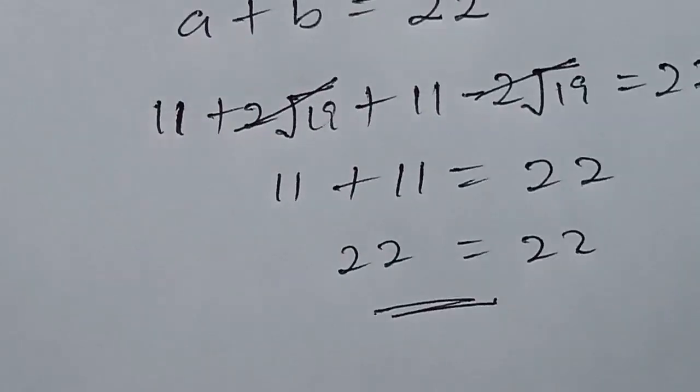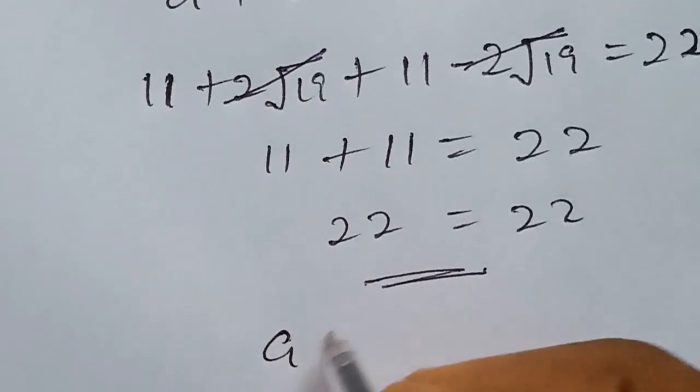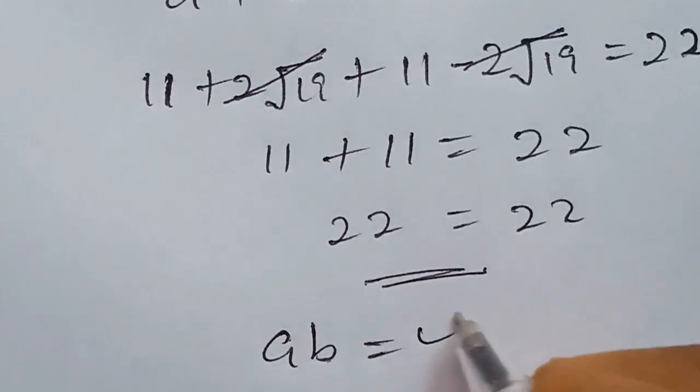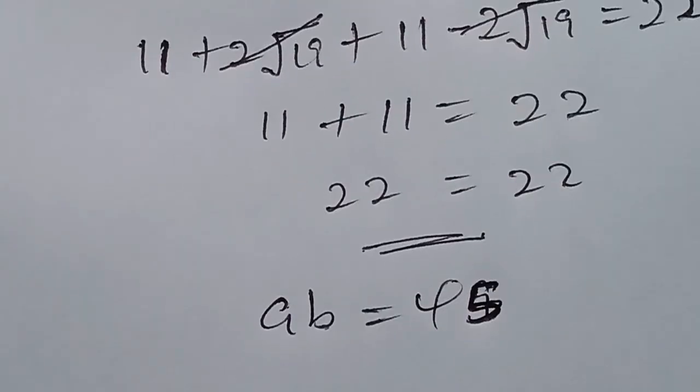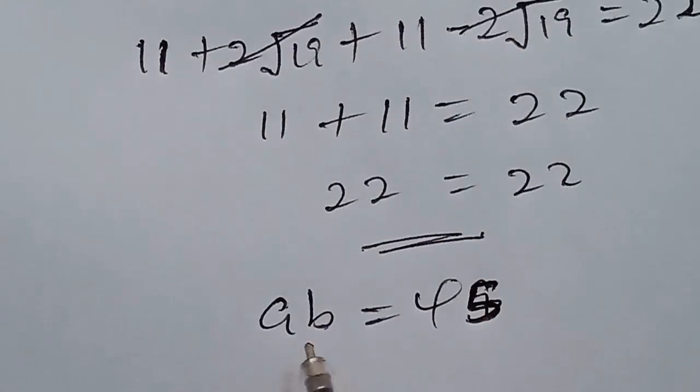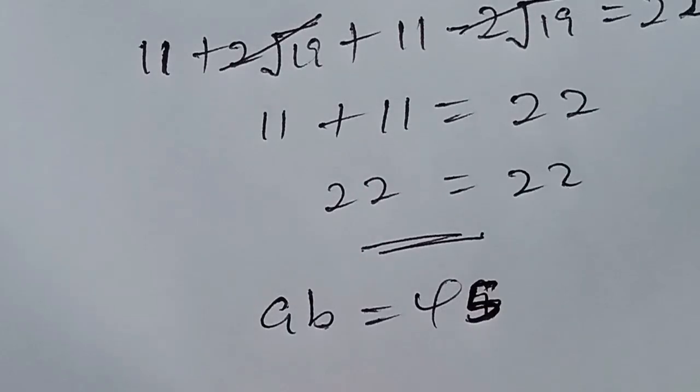So for equation 2, which implies ab equal to 45, we can as well apply the values of a2 and b2. Let's use a2 and b2.